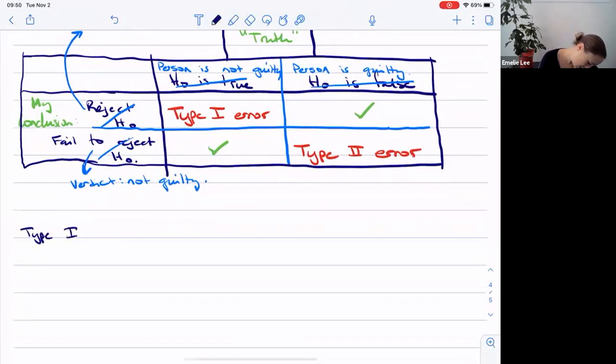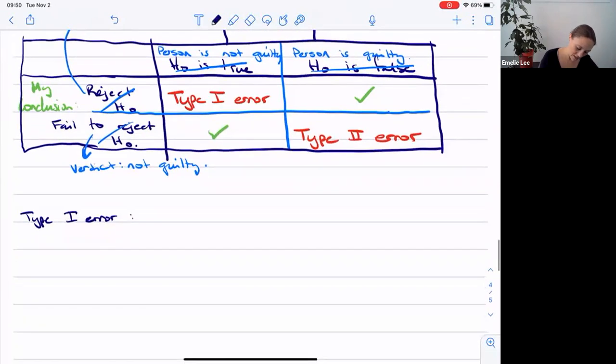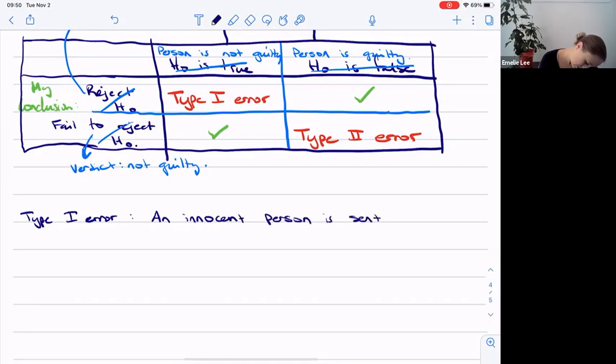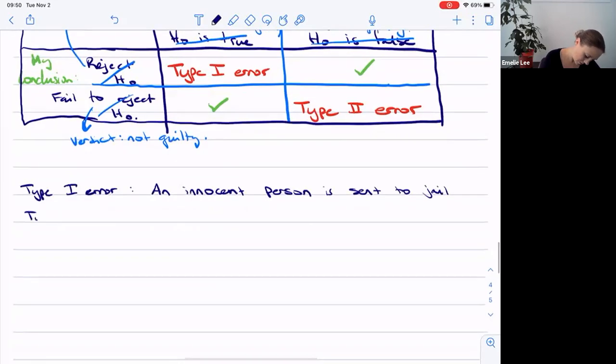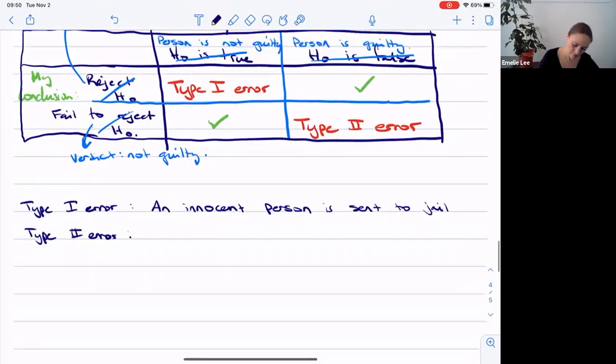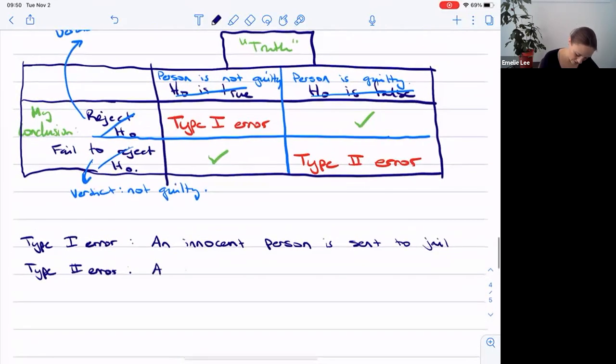A type 1 error in this case is an innocent person is sent to jail. And a type 2 error, a guilty person walks free.